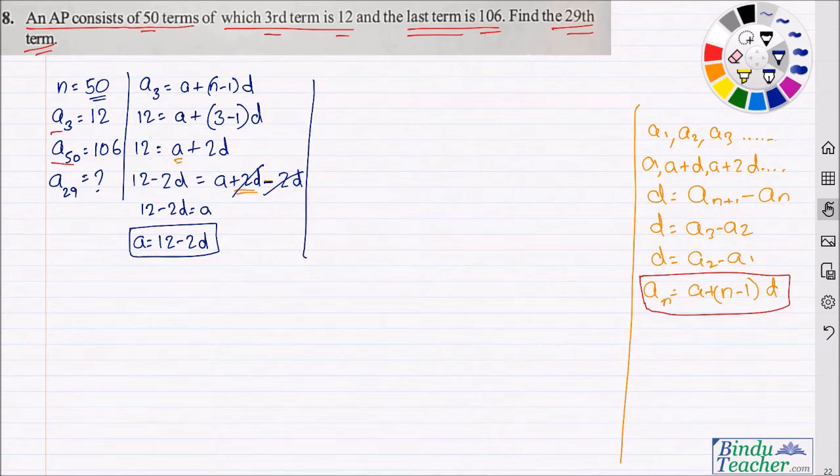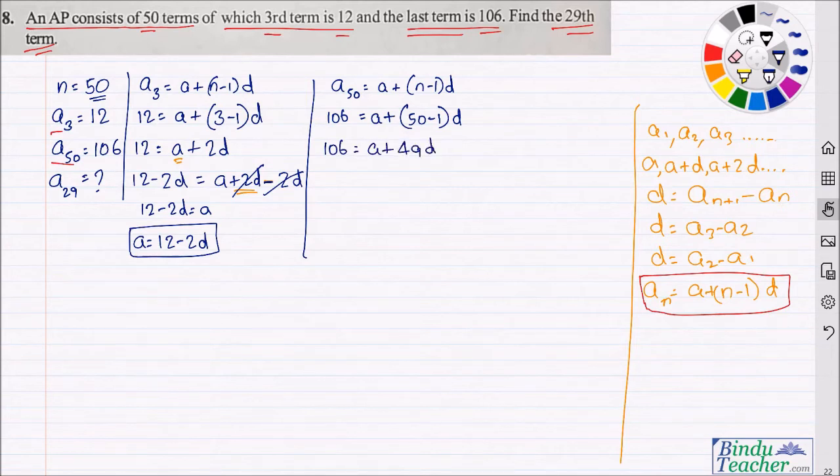Okay, so there is no way to simplify this further, so we will write our next equation based on the 50th term. So we have A of 50 equals A plus n minus 1 into D. The value of A of 50 is 106 equals A plus the value of n here, 50 minus 1, into D. So 106 equals A plus 49D.